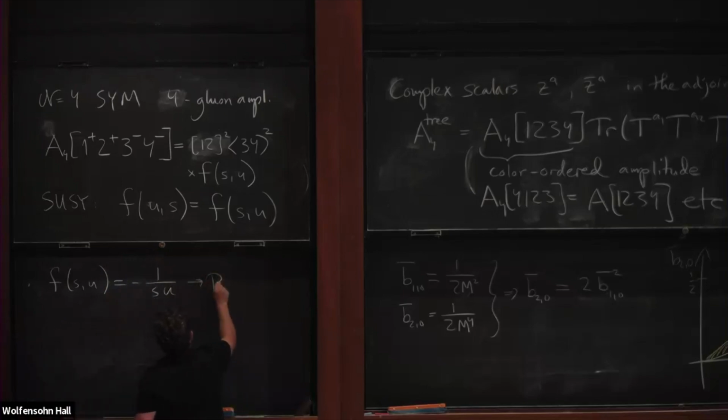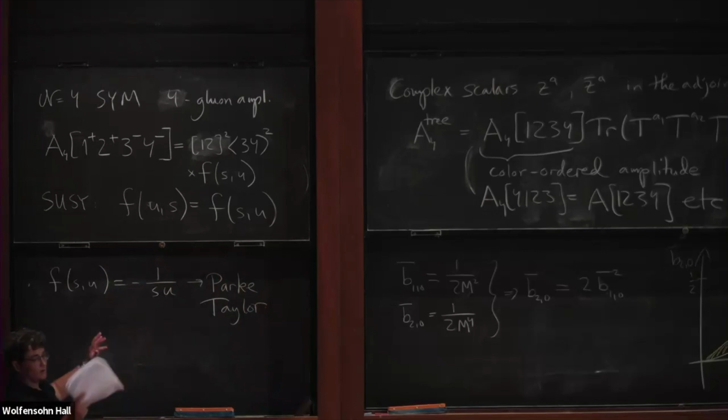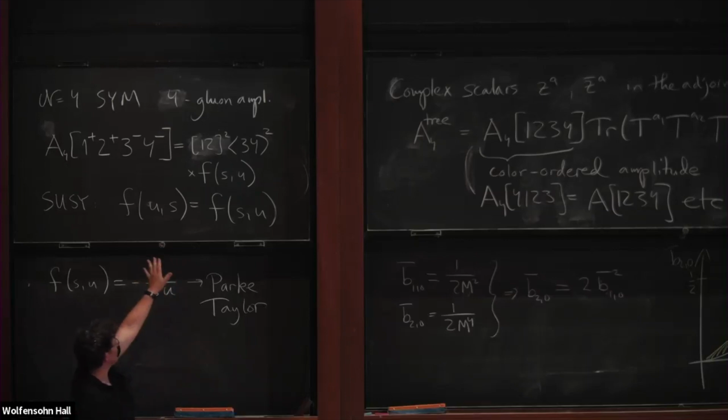So this will, after some rewriting, give you the famous Parke-Taylor amplitude for pure gluons. So this is just a two-derivative theory. The trace F squared theory has cubic and quartic interactions. You put it all together in your quantum field theory class, you calculate it and then rewrite it in some spinor-helicity form. And it's minus 1 over s u times those helicity factors up there.